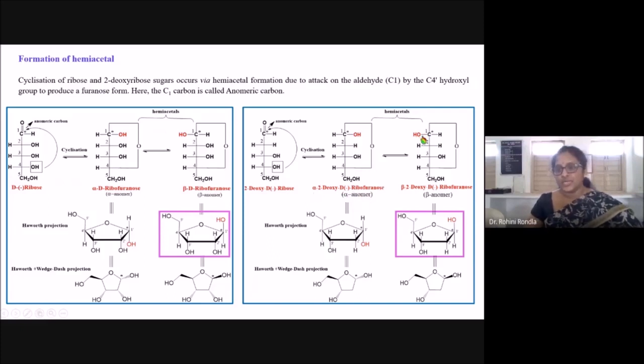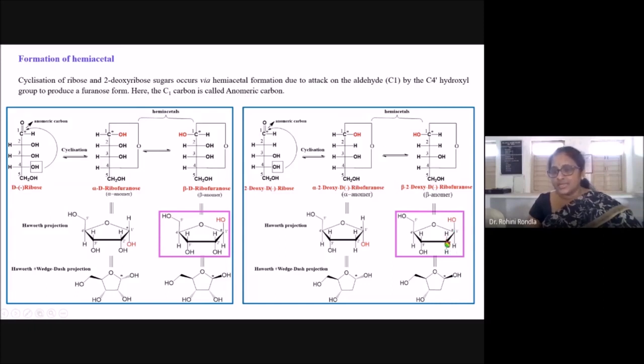And if this OH group is on the left side, the name is beta 2-deoxyribofuranose, which is the beta anomer. You have to practice these structures. In the DNA also, this sugar exists in the beta anomeric form. That is why you should write this OH on the above side.